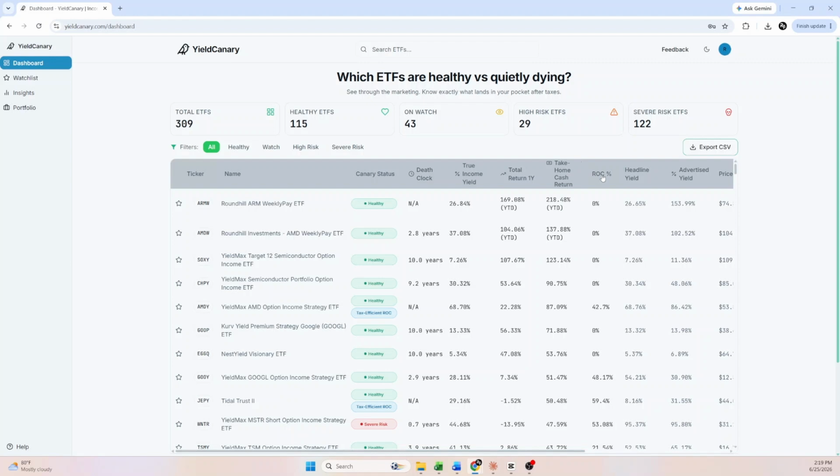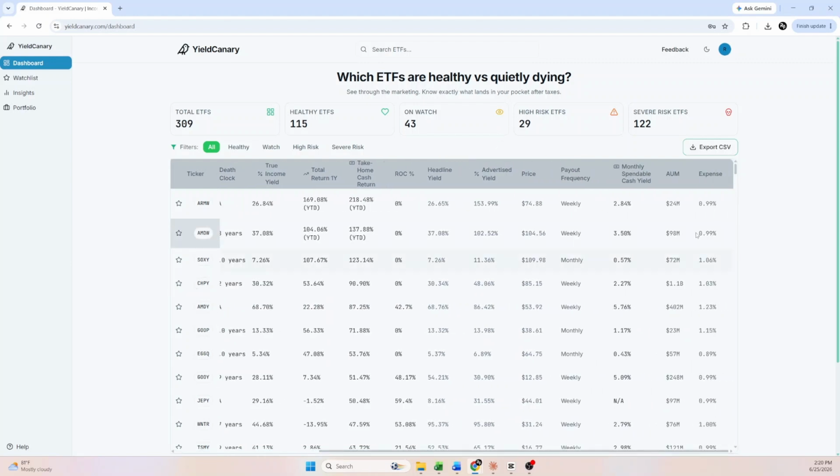The way we do return of capital, it is just an estimate based on historical data. It updates every week. We also have this tax efficient ROC badge that we just implemented recently, and this is to show funds that use return of capital intentionally for tax advantages, since those are treated differently.